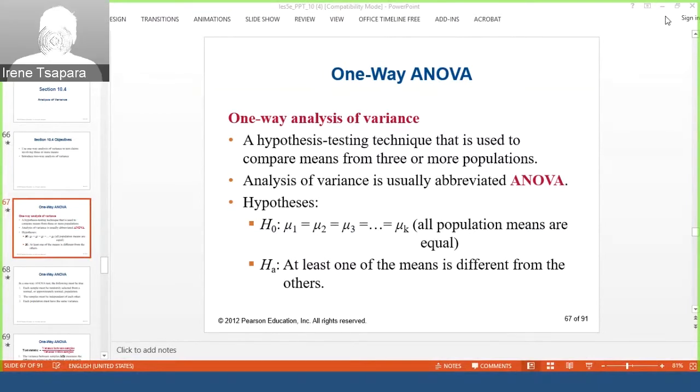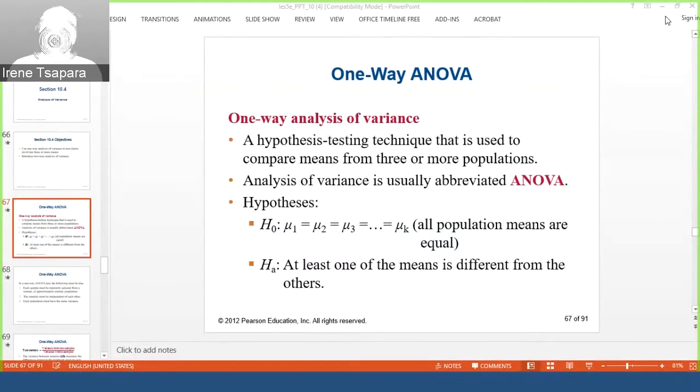The test will never help you identify which one of the populations has a different mean than the others. The only thing that it does is recognize if there is a population with a different mean, but it doesn't identify which one of the populations is the one that has a different mean.